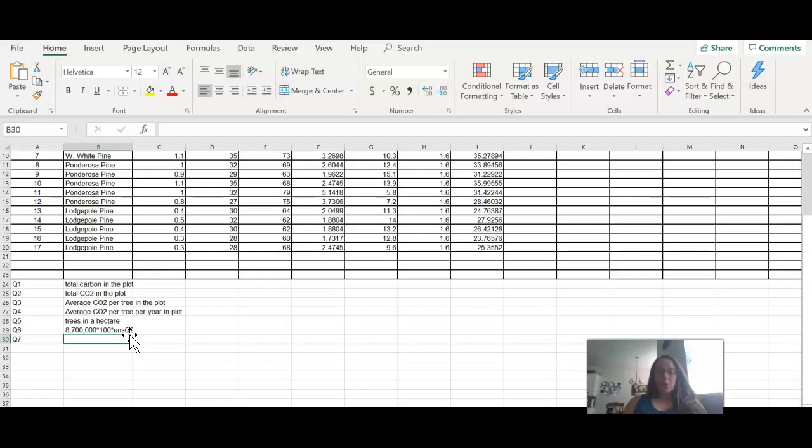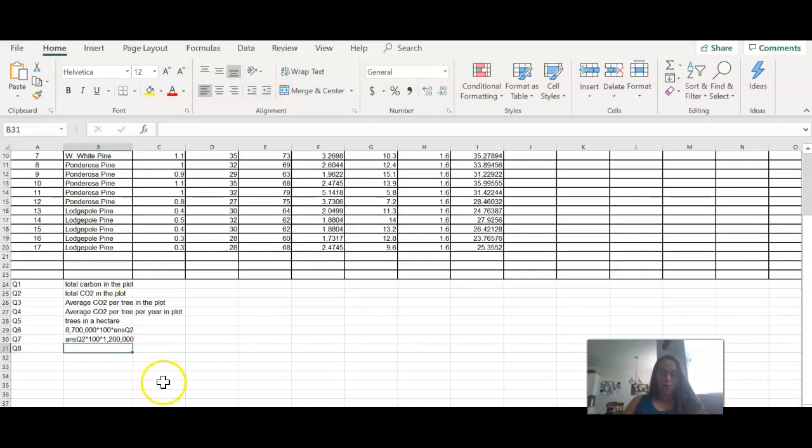So we're still going to use our answer for question 2, which was the amount of carbon dioxide that was sequestered in our plot, and we're going to multiply that times 100 to give us the carbon dioxide sequestered in 1 hectare. And then we're going to multiply that times the amount of hectares that were burned. So if you guys remember, I think it was 1,200,000. And that should be okay for question 7.